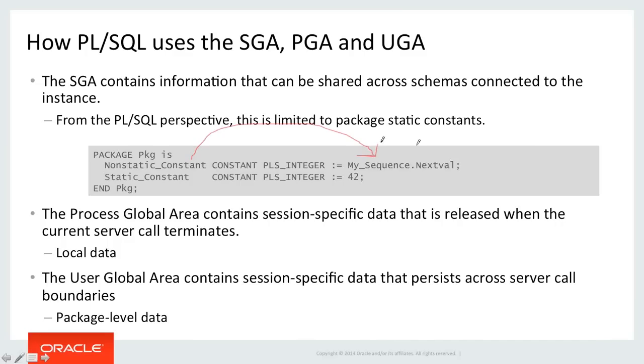We're generating it dynamically when the package is initialized. The memory for this static constant is stored in the SGA, not in the PGA, because if it's the same across all sessions, it's a candidate for SGA storage. It's a very minor issue. That's not something that's probably going to change the way you write your code or memory management in your applications.